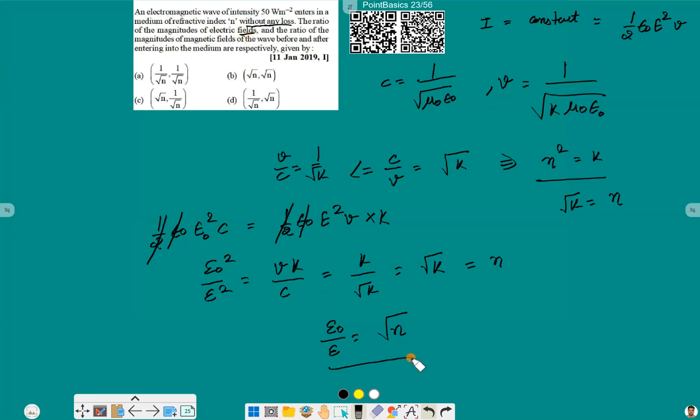So the ratio of magnitude of electric field is root N.